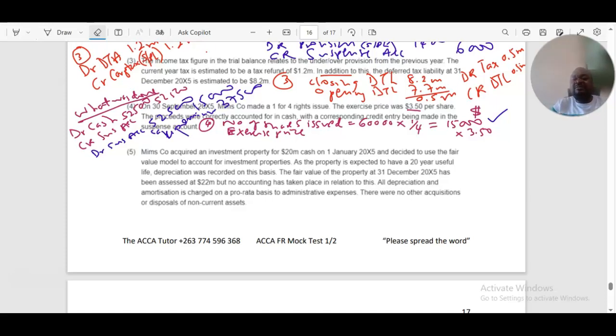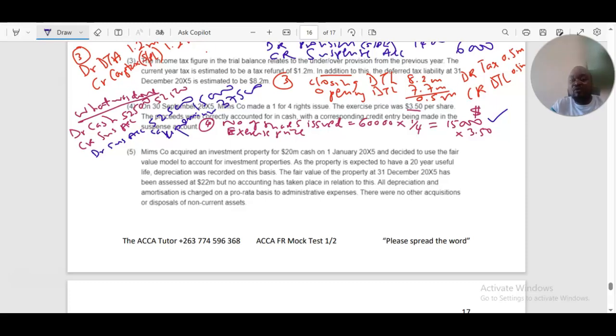As the property is expected to have a 20-year useful life, depreciation was recorded on this basis. Now the question is, you have already done the right thing. You have chosen the fair value model. But now, why are you charging depreciation? That's the question. Because if we are using the fair value model, it means there's not going to be any depreciation.